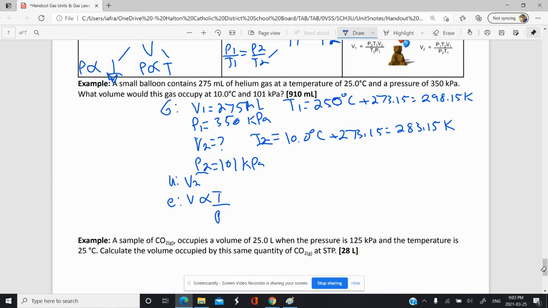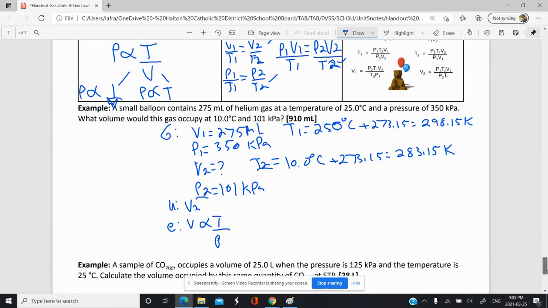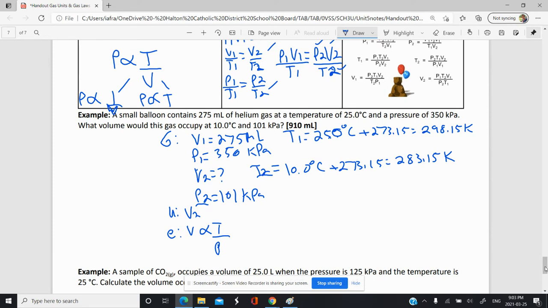Actually, I think I had that right the first time, so let me go back. I was just combining it the other way around, but it works this way as well. But I'm going to keep it consistent with what I wrote up there. So pressure is proportional to the temperature over the volume. So proportional to temperature, but inversely proportional to volume, in other words.